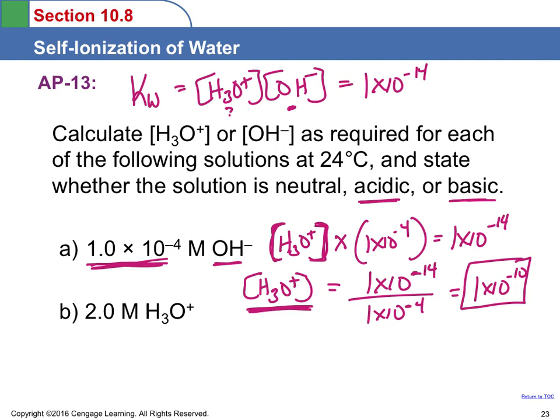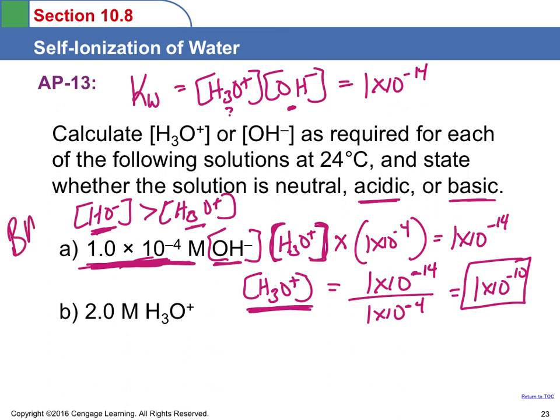If I compare that to 1 times 10 to the negative 4th for the hydroxide concentration, I see that hydroxide number is bigger than the hydronium. So hydroxide represents base. So if my base number is bigger than my acid number, this is going to be basic.